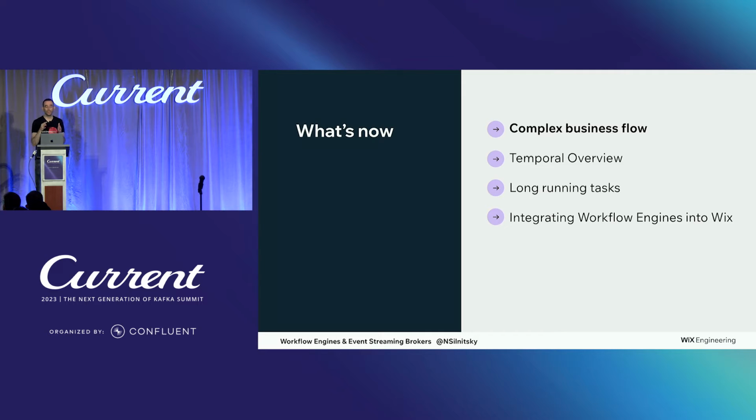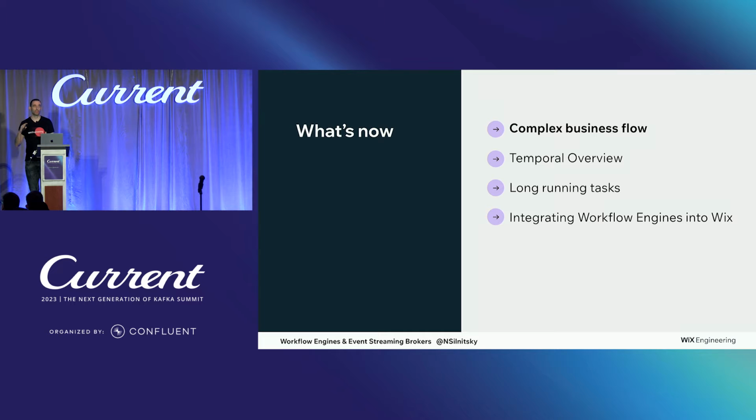I want to first make the motivation crystal clear here. We'll do the comparison between the two with complex business flow requirements. Then, once we get the motivation clear, we'll do the Temporal overview and go over all the features and capabilities it offers.